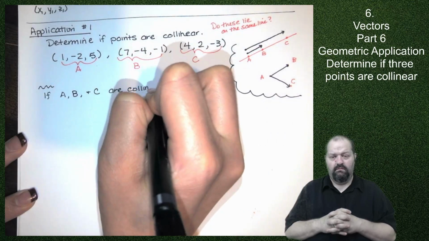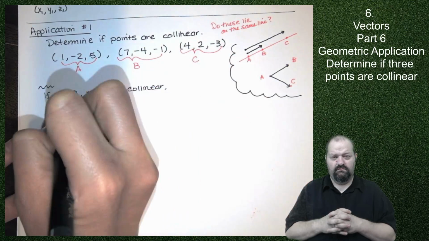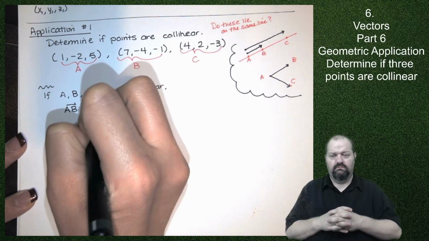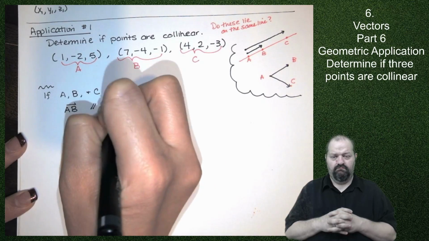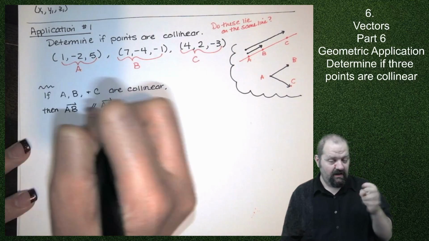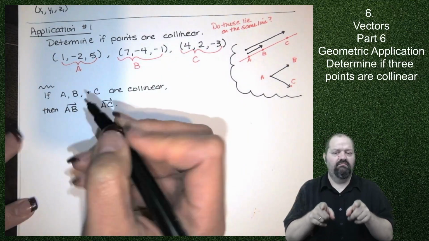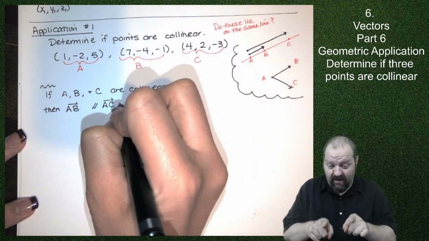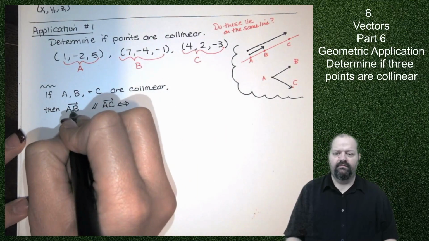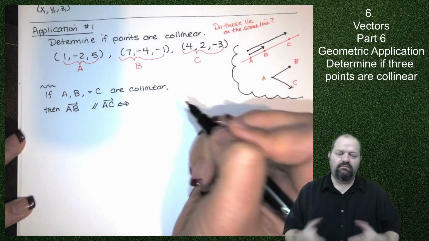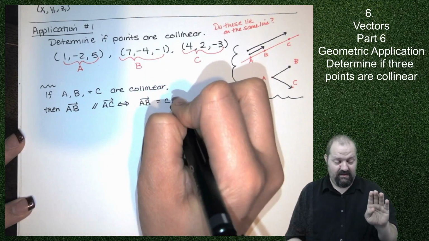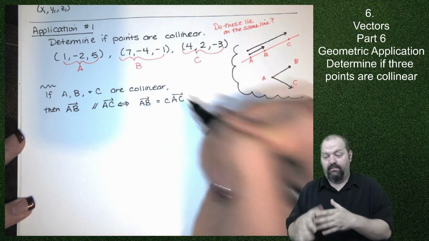So we see from these pictures that if these 3 points lie on the same line, then the two vectors AB and, let's just say, AC have to be parallel to each other. And vice versa, if they're not parallel, they're not collinear. And what that means is that AB has to be some constant times AC.